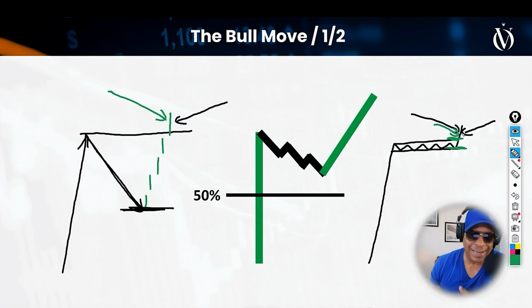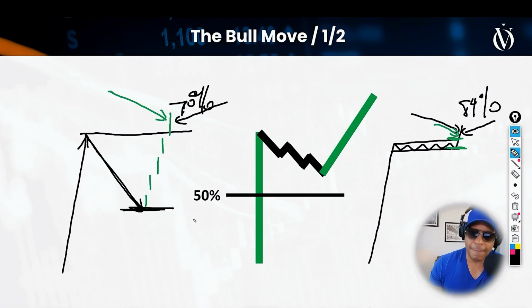Not so much energy has been expended to get to the breakout point. And so this follow through rate is higher than this follow through rate because of that reason. Both are great, both are powerful.